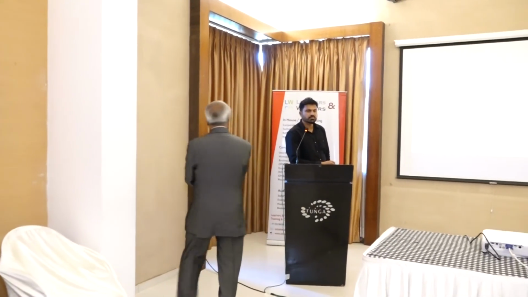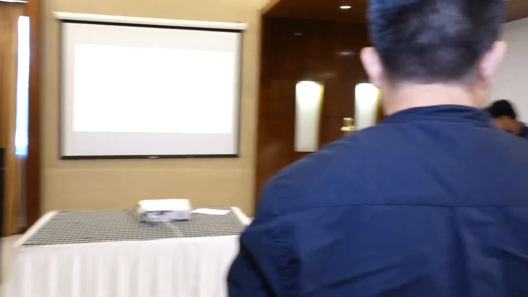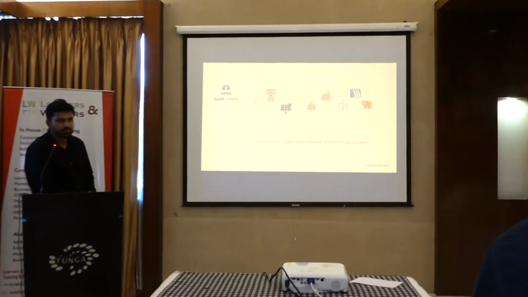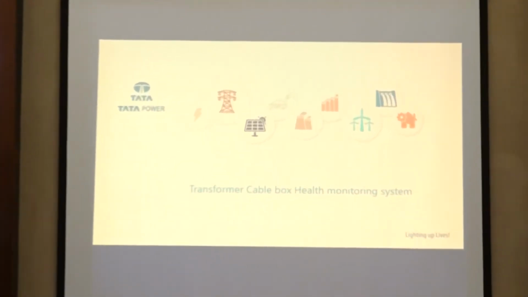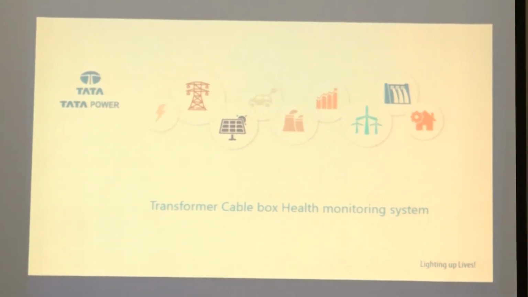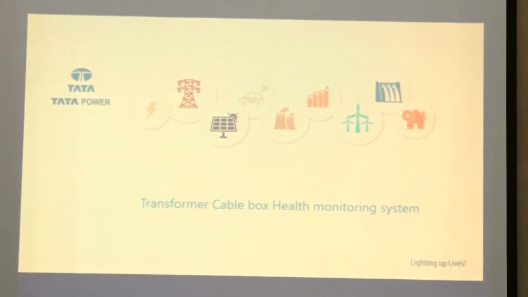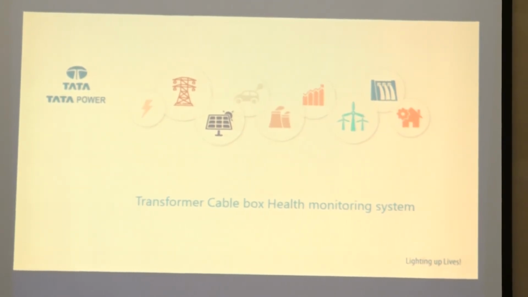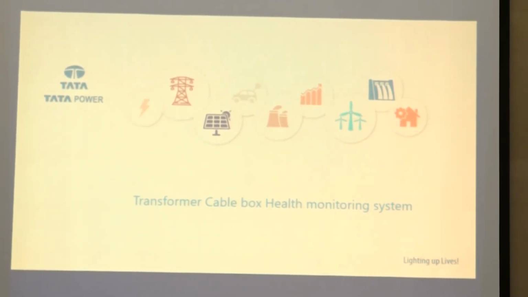Sir, in addition to my colleague's presentation, last year we did a paper presentation on dehumidifiers that we have installed in all transformer cable boxes at Tata Power. That was a 2 Peltier mounted cable box. The outer temperature is very high, and there is a small box below that Peltier, so it will collect the moisture from inside the cable box of the transformer.